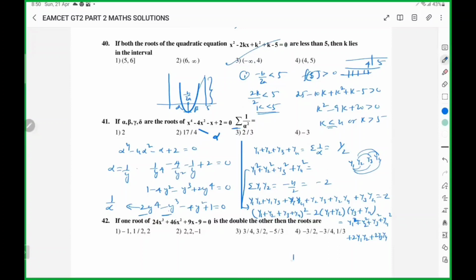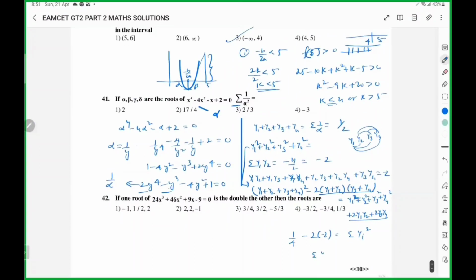This whole square is 1 by 4. So this and this together is minus 2, which is equal to sigma yi square. So sigma yi square is 17 by 4.